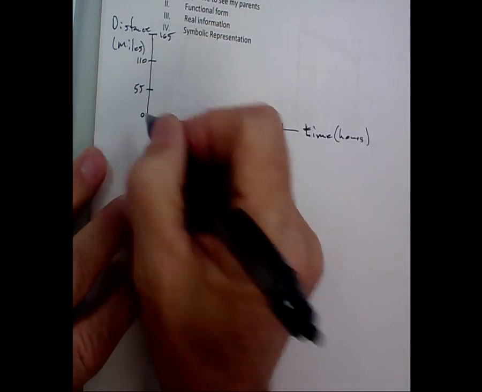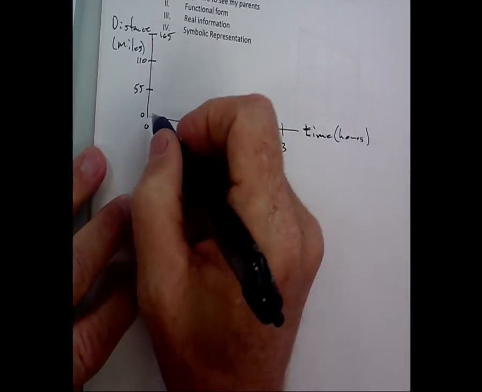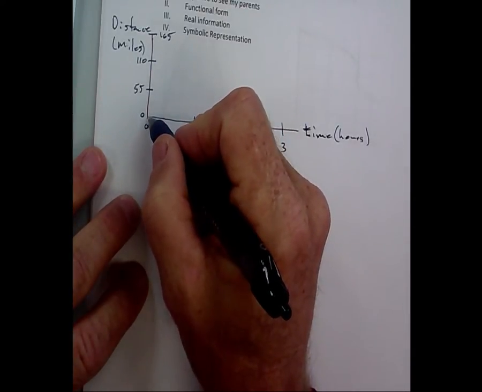And this is time 0, and that's distance, time 0 and distance 0, and I'm going to have something that looks like this.